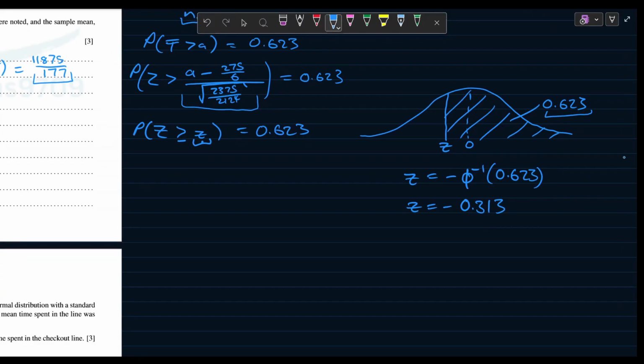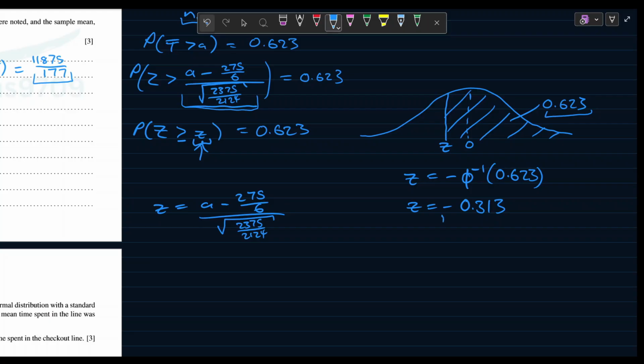So remember here we replaced this whole expression with z. So what we're saying is that this z is the same as a minus 275 over 6 all over the square root of 2375 over 2124.